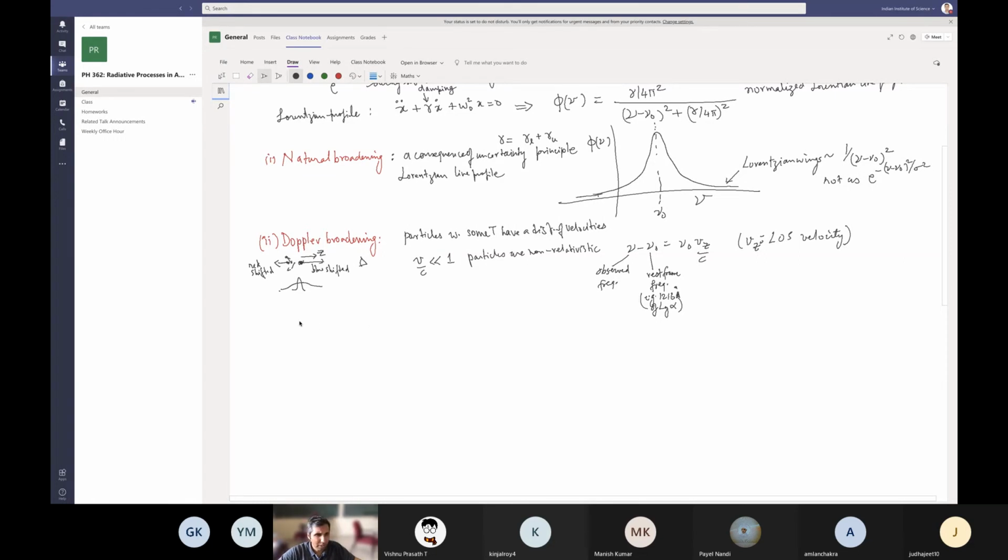So we know that dn is proportional to exponential of minus m Vz squared by twice kT dVz. Right? This is the Maxwell-Boltzmann distribution of velocities.